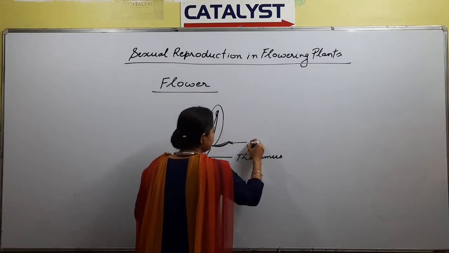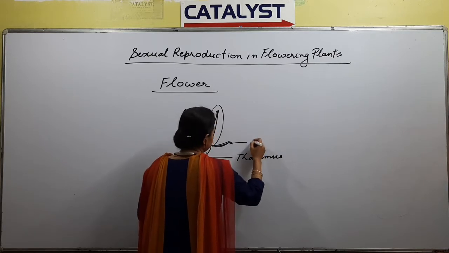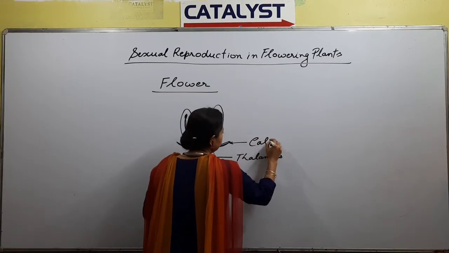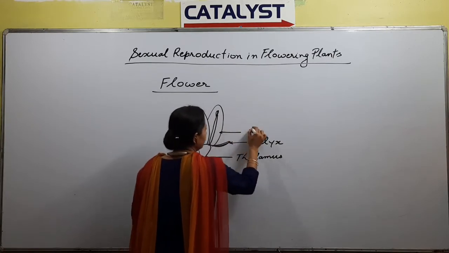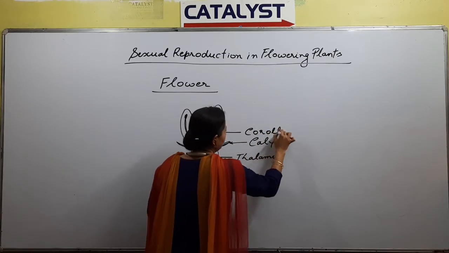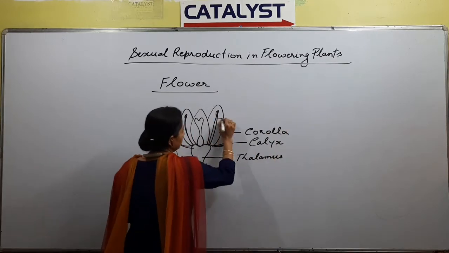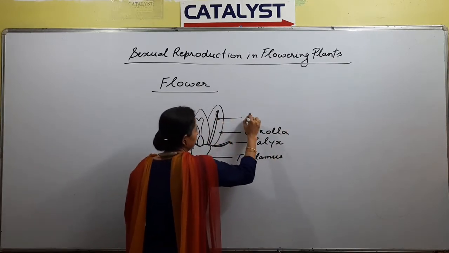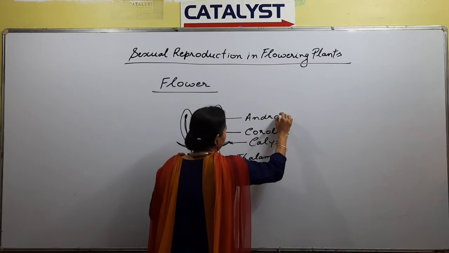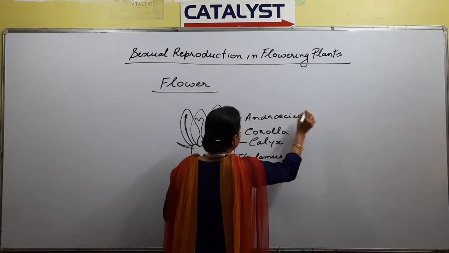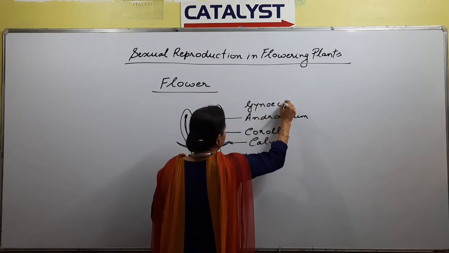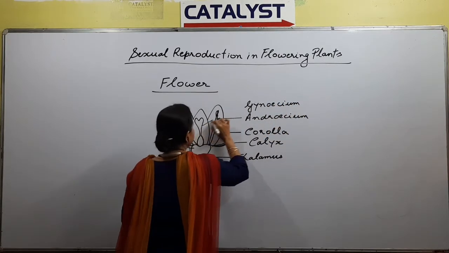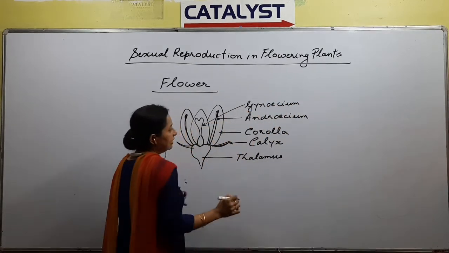This is the calyx, this one the corolla, the androecium, and the gynoecium, right? So this is the gynoecium.